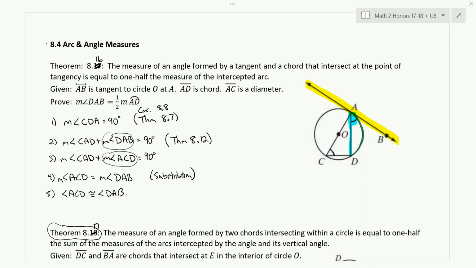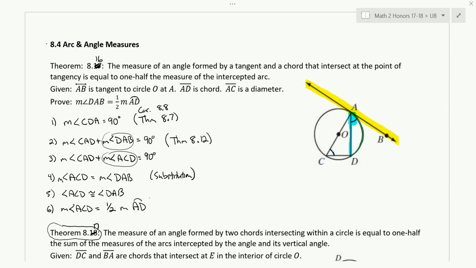So we're still working at, why would the measure of DAB be 1/2 the arc measure AD? Do we see that? Yeah, Chase? Okay, so the measure of angle ACD is 1/2 the measure of arc AD. Why? What kind of angle is ACD?